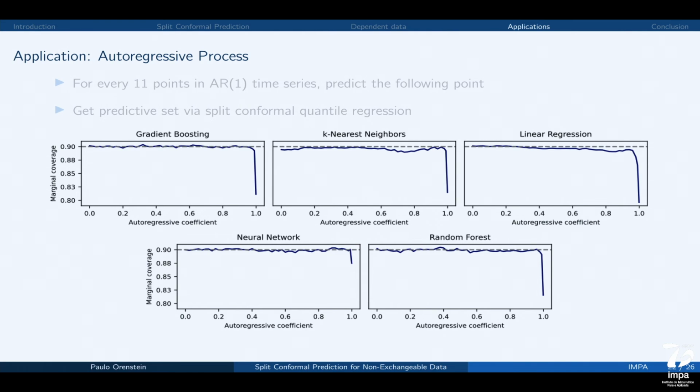So the data is becoming less stationary, and at this point it will basically cease to be stationary. The closer it is to 1, the worse things are in terms of how non-exchangeable the data is getting. And the y-axis is the marginal coverage averaged over, I think, 1,000 simulations.